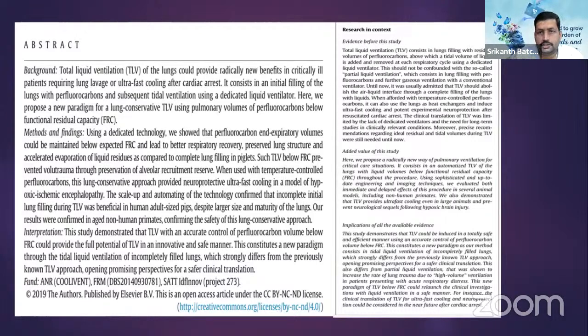FRC is nothing but residual volume plus expiratory reserve volume.